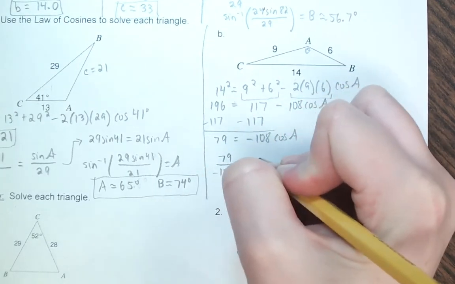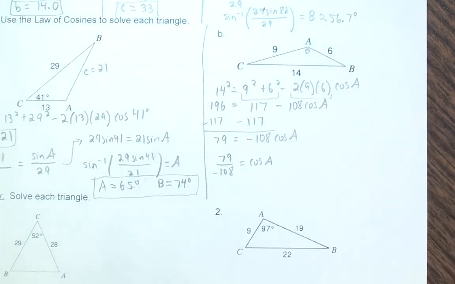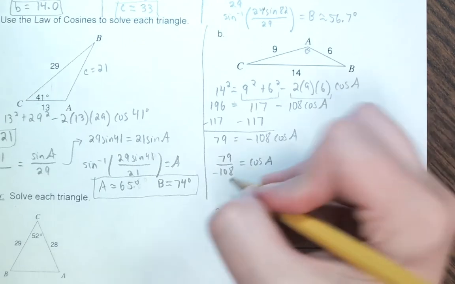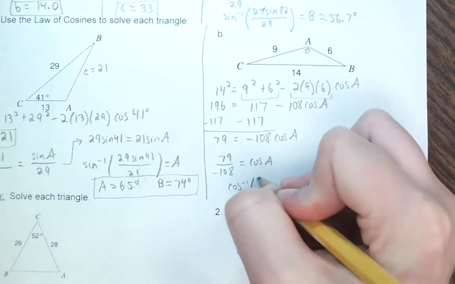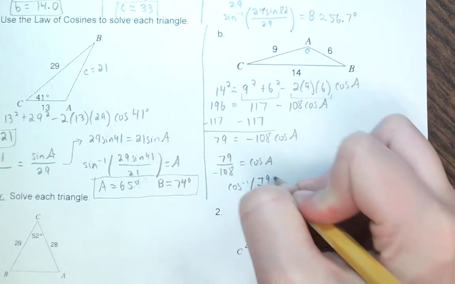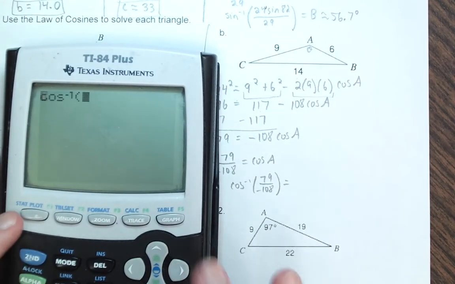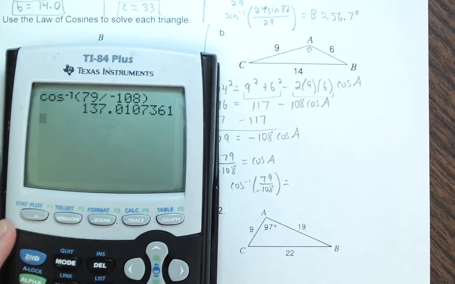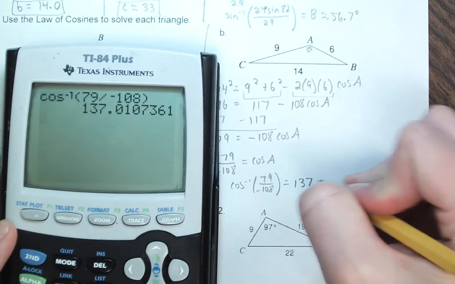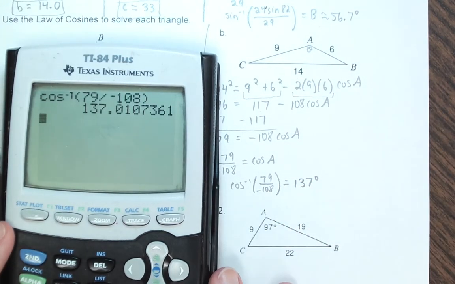And that's equal to the cosine of A. So to get angle A, remember whenever you're getting an angle, we have to use the inverse. So what I'm actually going to type in is this: inverse cosine of 79 divided by negative 108, which gives me 137 for the degree measure there.